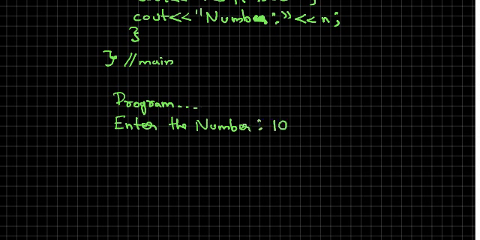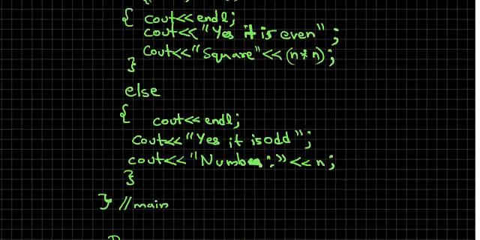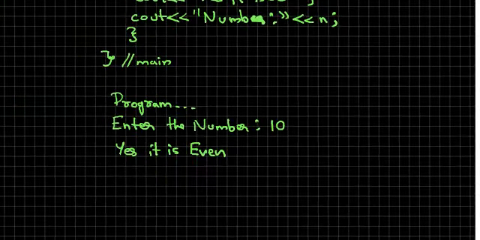The next thing it will do is validate whether 10 is even or odd. Yes, it is even, right? We'll check the message I have given: "Yes, it is even". Then after this it will print the square. Have I given a colon here?